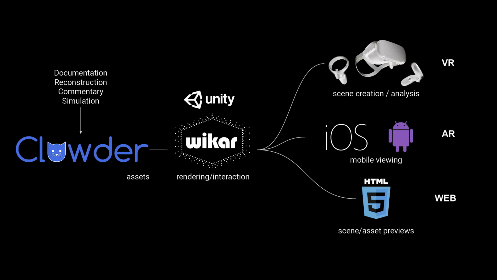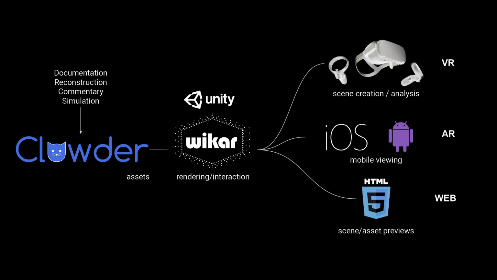At a very high level, what we want to do is build a Unity app that can bake and export to VR headsets, AR, and mobile viewing platforms. You have all these inbuilt AR functions in Apple devices as well as Android. And in the future, build out web interfaces so that you can see and browse new kinds of media, new kinds of content that are stored on Clowder.